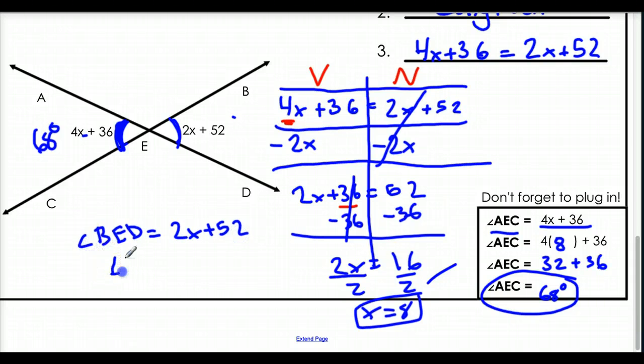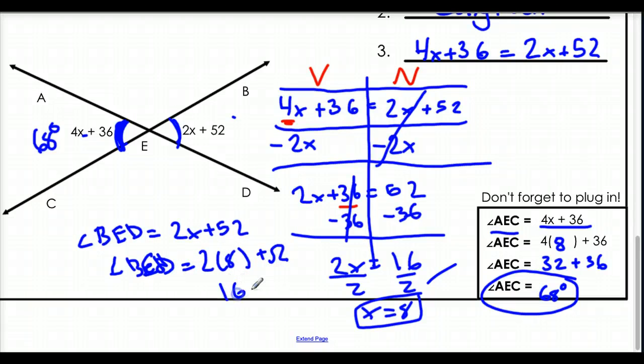Angle BED is equal to 2 times 8, plugging in 8 for x, plus 52. That's 16 plus 52, and once again, that's 68. So angle BED is 68 degrees. So the point is, we did it again.